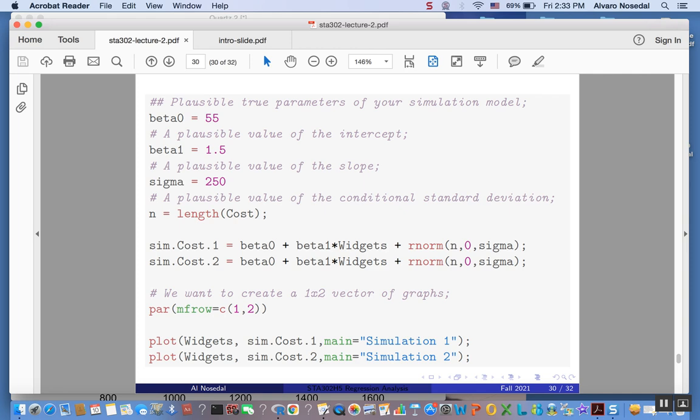So again, what we're doing here is proposing values that could make sense. I created an object called beta 0, and I'm assigning the numerical value 55.